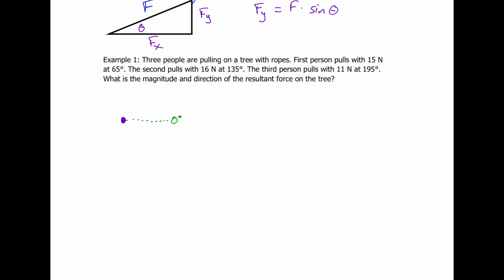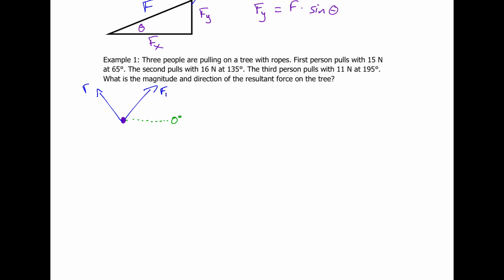So we should draw our 3 forces. The first force is at 65 degrees, so somewhere in that direction. That'll be F1. Now, where would F2 be? 135 degrees, like right about there.